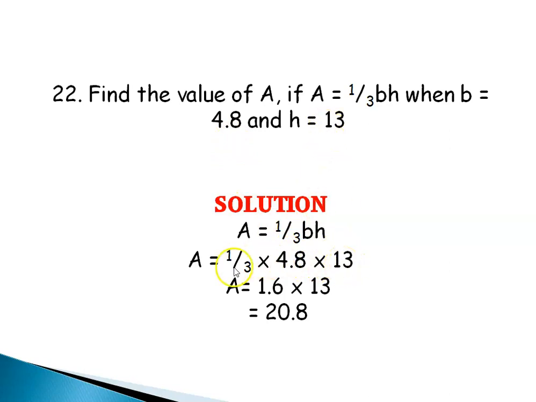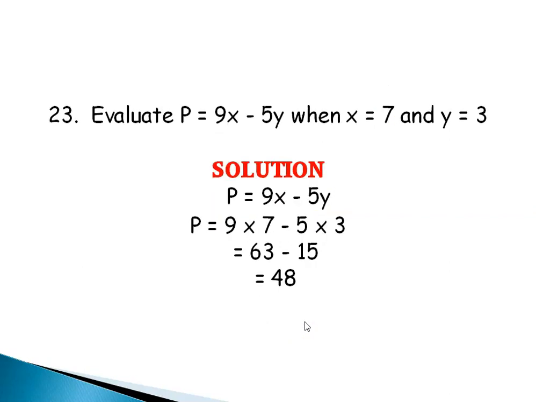Is that taken? Okay, 3 into 3 is 1, 3 into 4.8 is 1.6. 1.6 times 13 is 20.8. You can take a pause and quickly solve this in your jotter and come back to check. So the answer is 20.8. Is that taken? Very good.